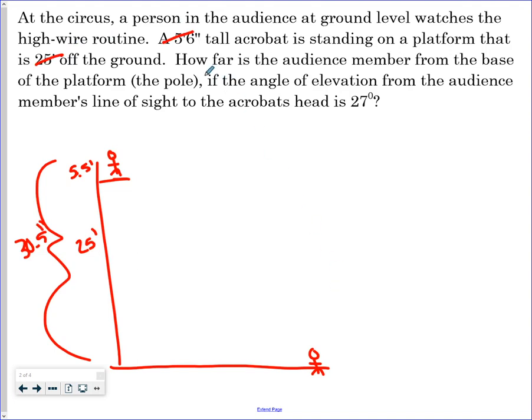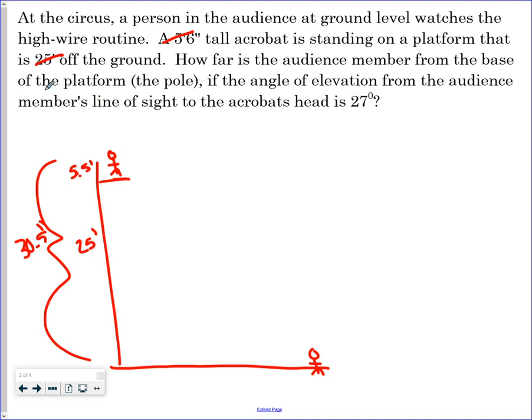Okay. How far is the audience member from the base of the platform, the pole? When I write tests and quizzes, I try to be as specific as possible. So yesterday on that hill question, when it said, what is the vertical distance? That was my way of saying, like, nobody has an option. Vertical is this way. Do you see what I'm saying? So I try to be as specific as I can.